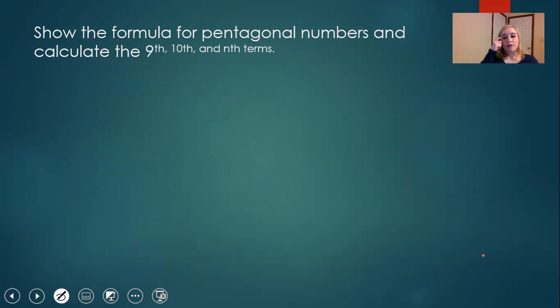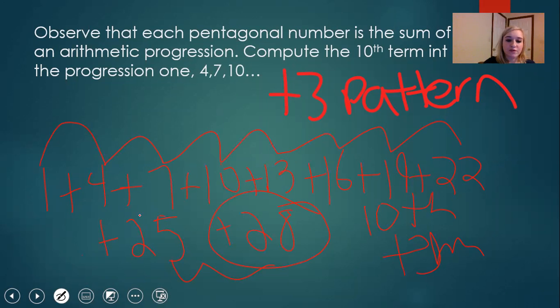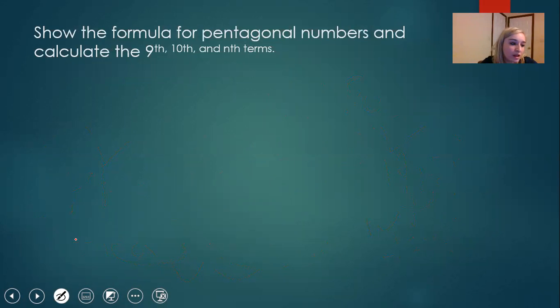So now we're going to show the formula for the pentagonal numbers and calculate the nth term, 9th, 10th, nth term. Well, as we can see, the 9th term would be 25 because we already found the 10th term. So just to do the nth term, all you got to do is do that. But if you're going to talk about the formula, what we do is 3n squared minus n over 2.